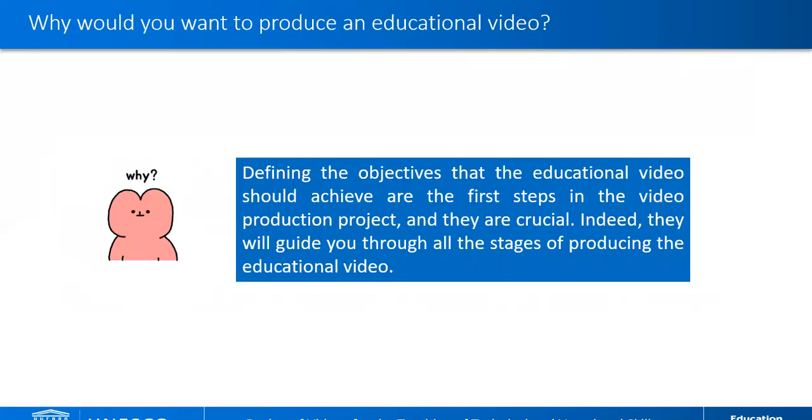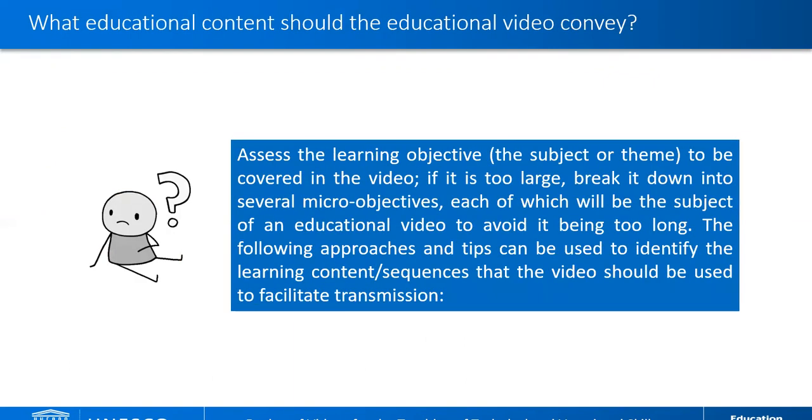Defining the objectives that the educational video should achieve is the first step in the video production project, and it is very crucial. Indeed, this will guide the planner through the stages of producing the educational video. Assess the learning objective, that is the subject or the theme to be covered in the video.